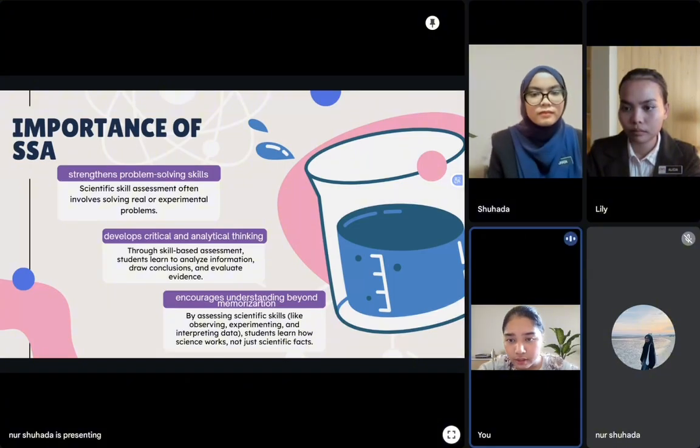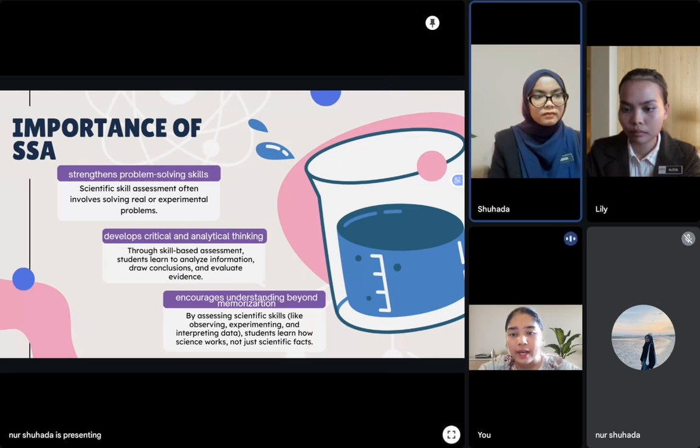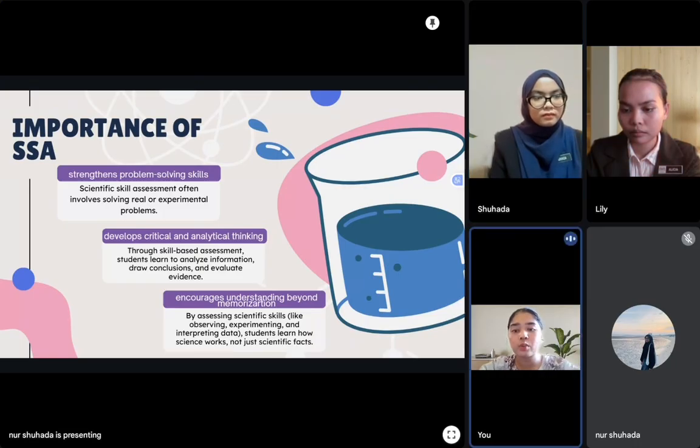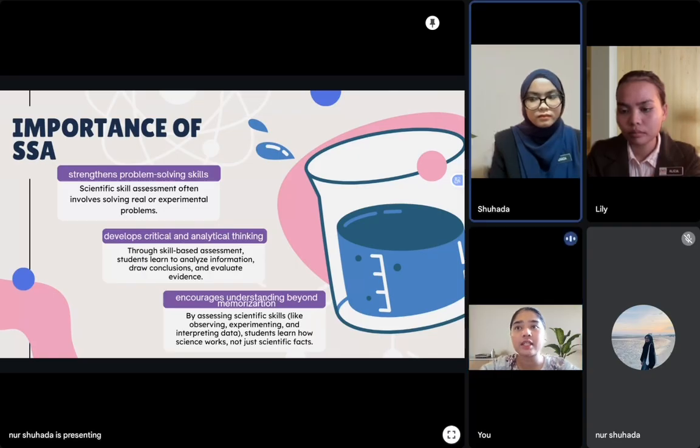And the third one is to encourage understanding beyond memorization. By assessing scientific skills like observing, experimenting, and interpreting data, students learn how science works, not just scientific facts. Instead of merely remembering scientific terms or theories, students engage directly in the process of doing science, which is observing, experimenting, measuring, and interpreting data.